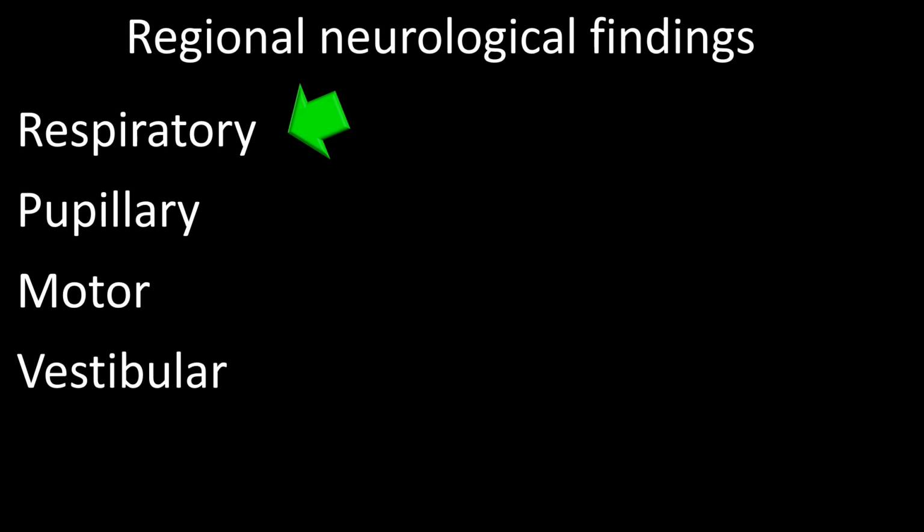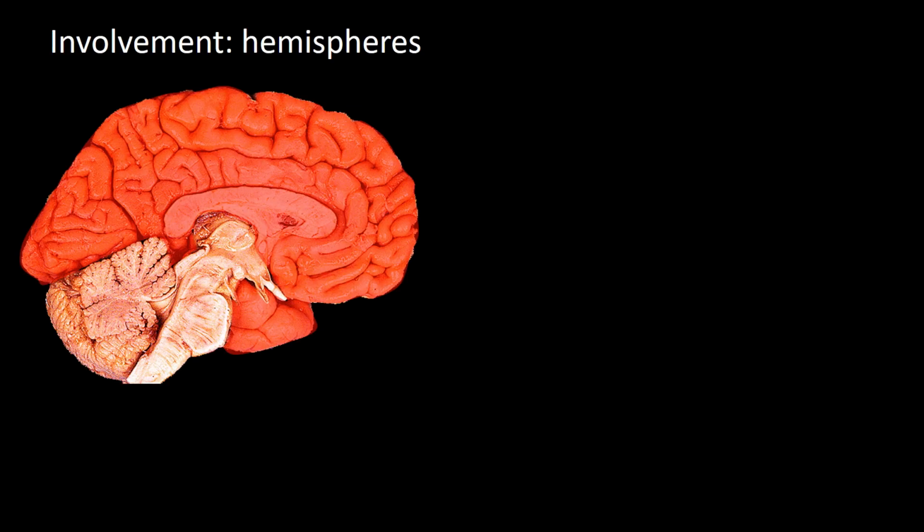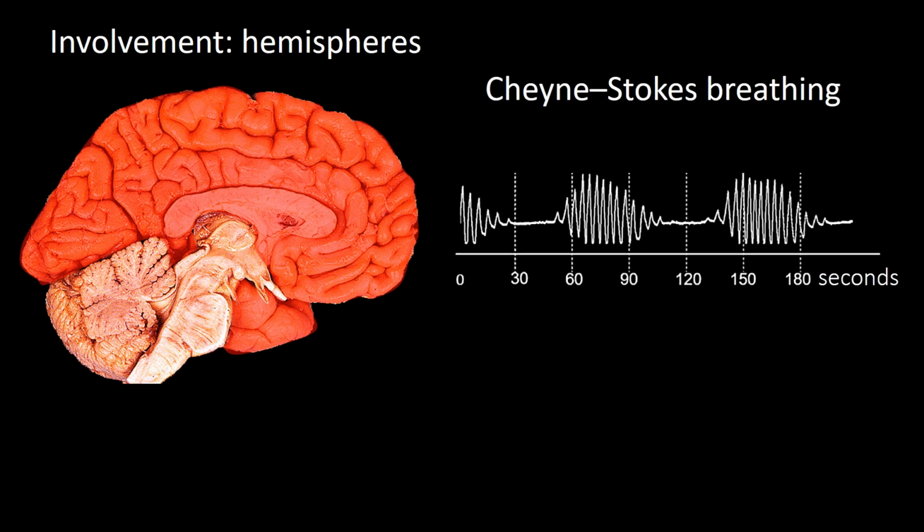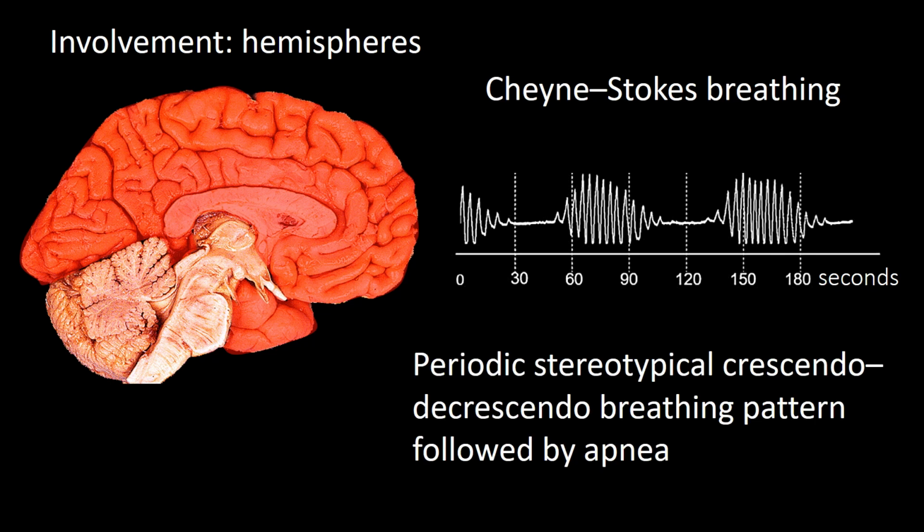Let's start with respirations. Cerebral hemispheric involvement is associated with Cheyne-Stokes breathing, which is characterized by periodic stereotypical crescendo-decrescendo breathing pattern followed by apnea.